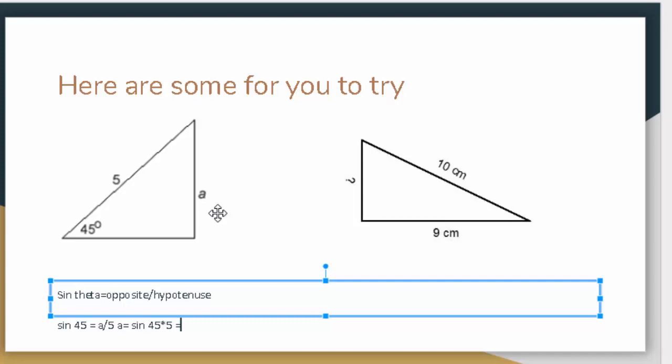Our answer would be, let's check it out, sine 45 times 5, it's 3.5 to 1 decimal place. So that's what you should have got for this one.